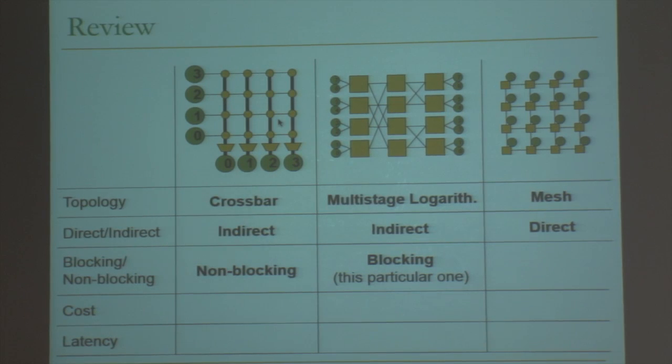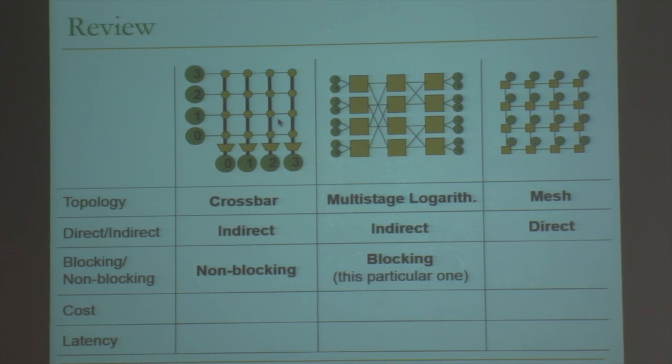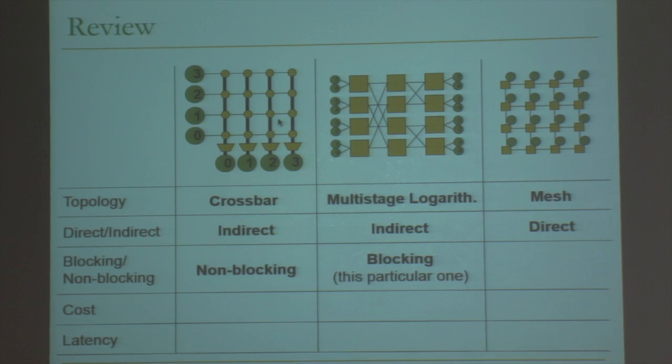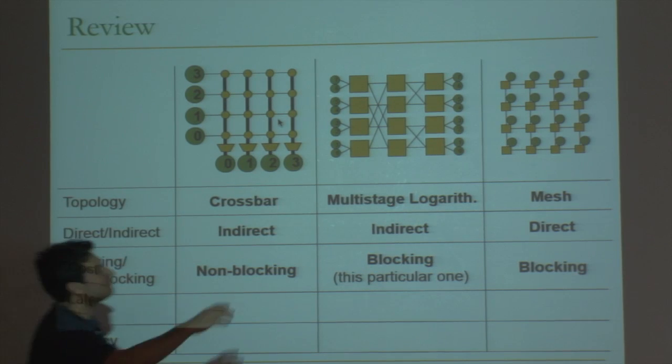And what about the mesh? Is that blocking or non-blocking? No, it's blocking. Well, in this case, non-something is good, so it's not bad. So the mesh is blocking. Let's see an example. Why is this blocking?